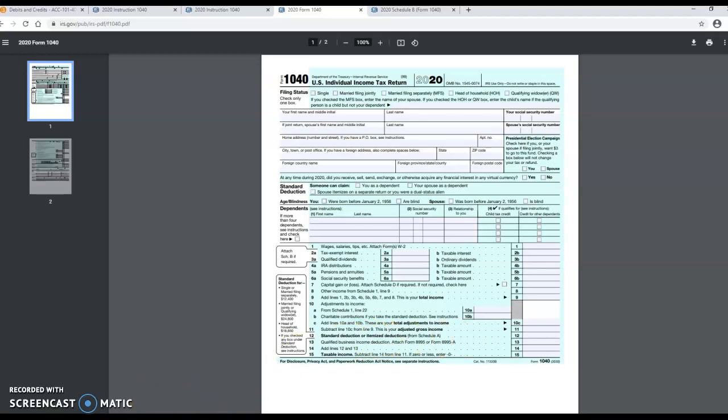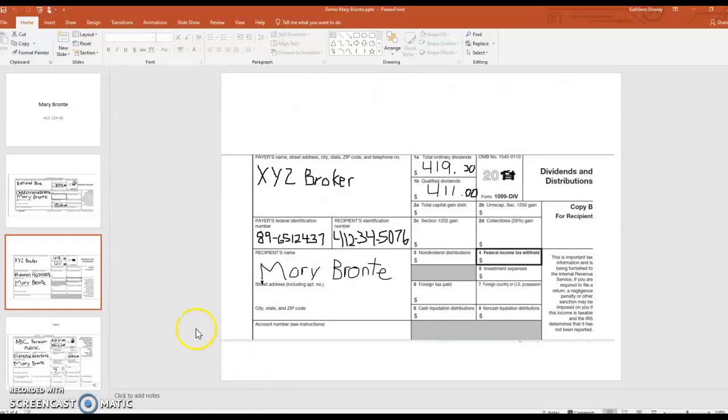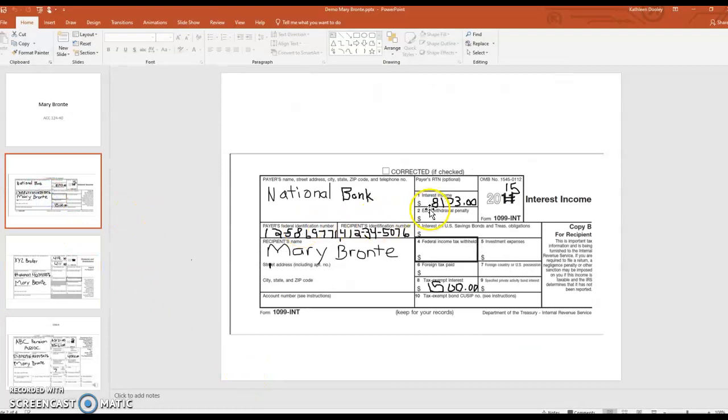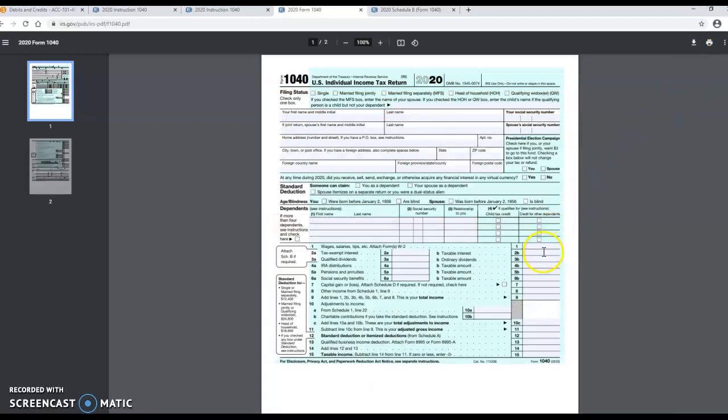Now for this Mary Bronte, she has interest income of $8103. That's her ordinary income. She also had tax exempt income of $1,500, although I don't need that for what I'm doing with the dividends worksheet.